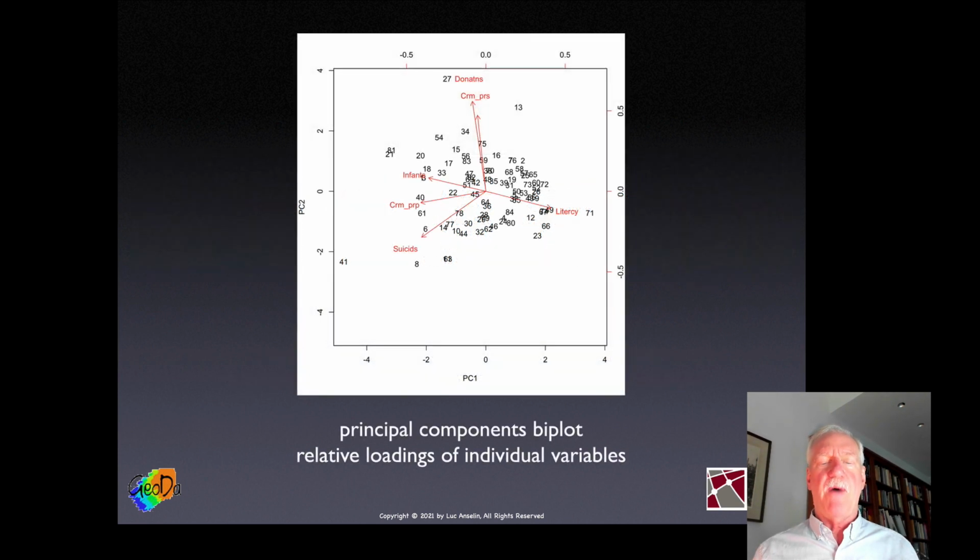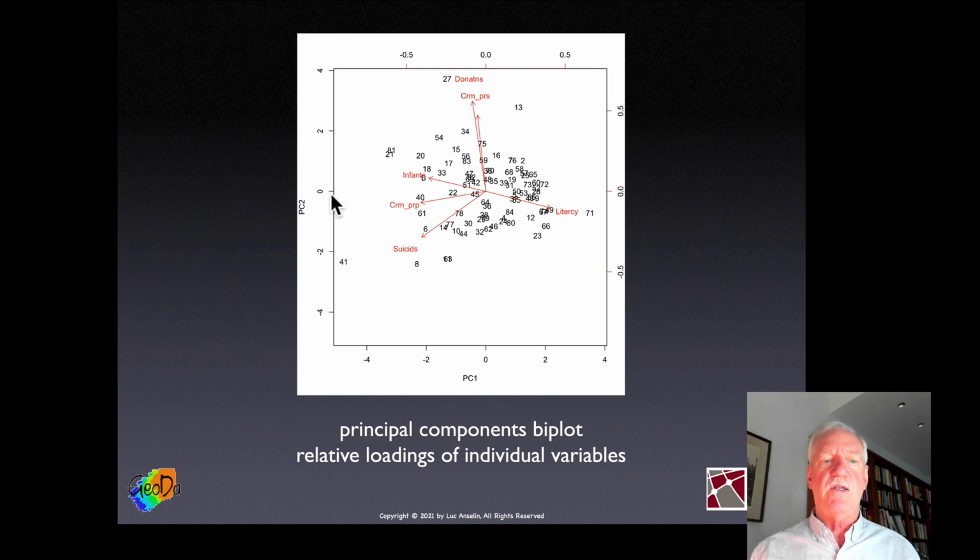Okay, then the biplot, which GeoDa does not provide, plots any two principal components against each other and shows how they load relatively on a particular variable. So what does this arrow mean? This arrow means that for the first principal component, the horizontal direction, the loading is negative because it's to the left of 0.